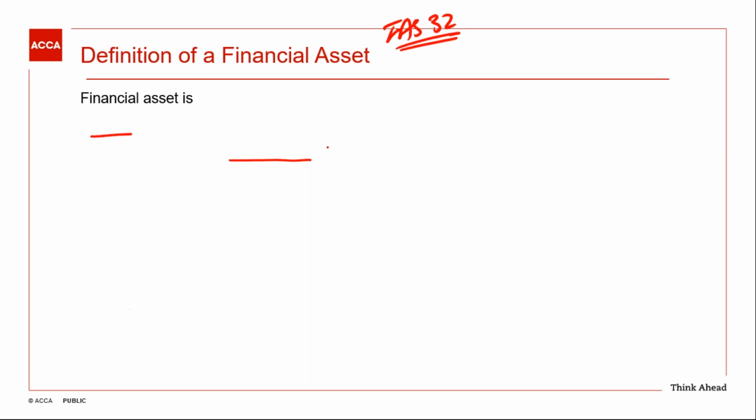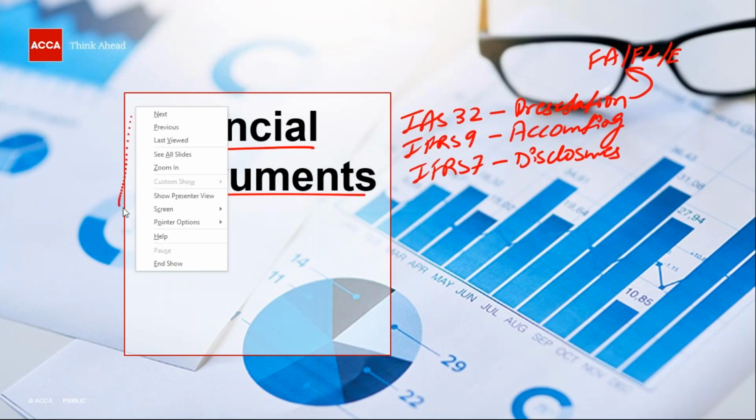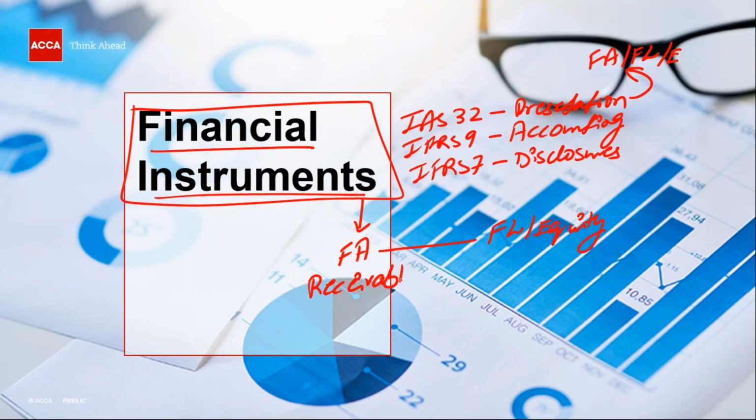So when we say financial instrument, a financial instrument is a financial asset for one entity and a financial liability or equity of another entity. Let's suppose that I have a receivable balance from you.